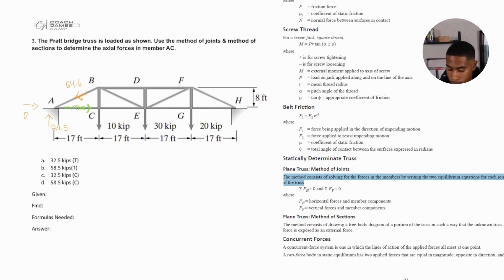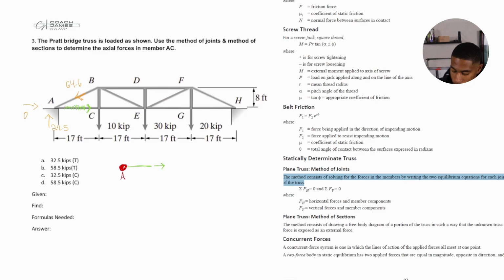Okay. So by using method of joints again, we're going to say that this is our joint A. And we got this member, and we are just pulling that one.